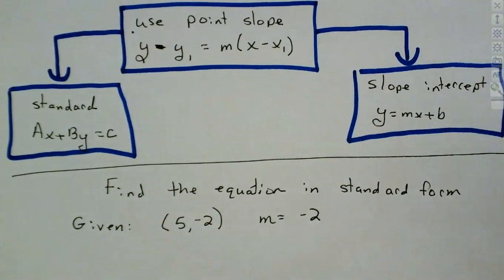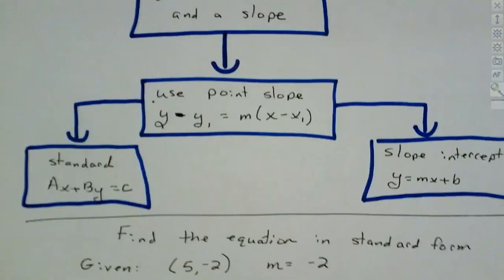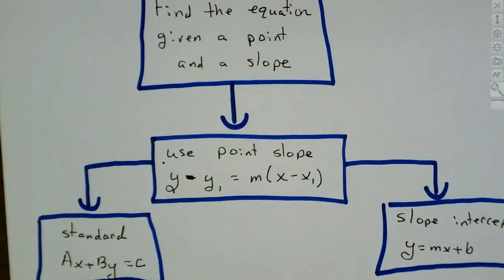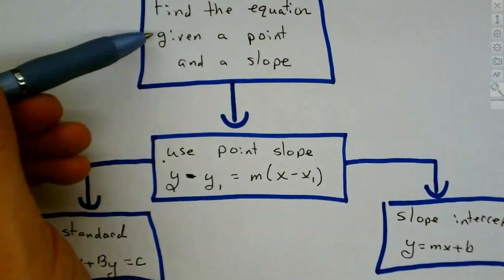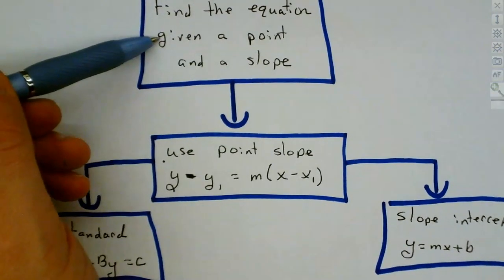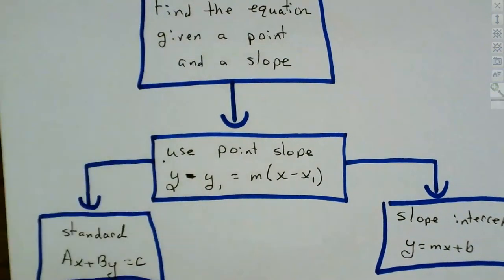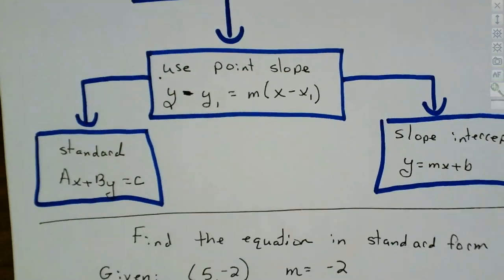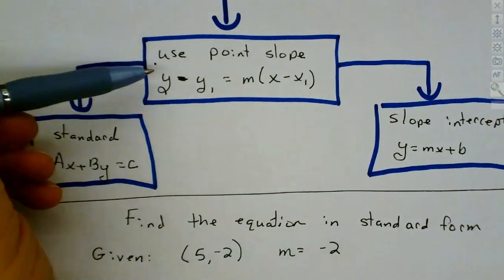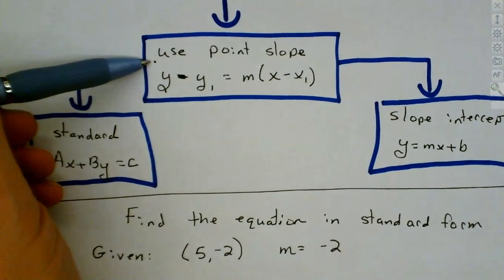Now, what are we given? All right, we are given a point and we are given a slope. So this one goes here because we want to find the equation. So we use the point slope formula here. So this is what we're going to be applying.